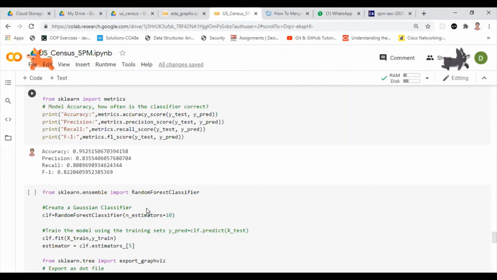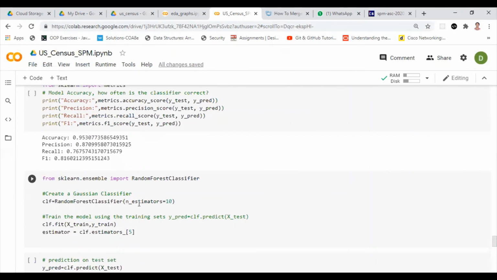Next, random forest algorithm was applied. Here it can be seen that it gives a high accuracy and a high precision value and a recall value which is slightly lower than the Knn algorithm.